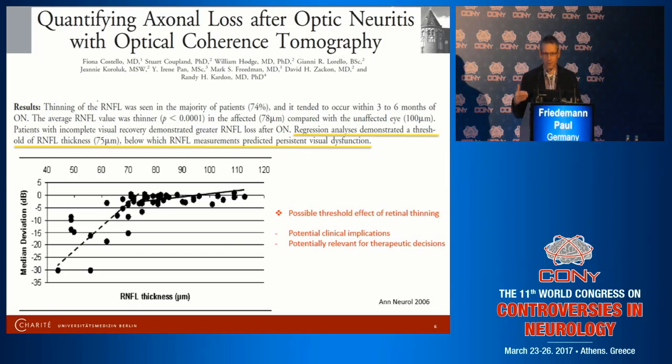But when a certain threshold of structural damage is exceeded, this becomes detectable and the patient notices severe visual impairment. And this is important also when it comes to OCT to monitor patients and also for clinical trials.